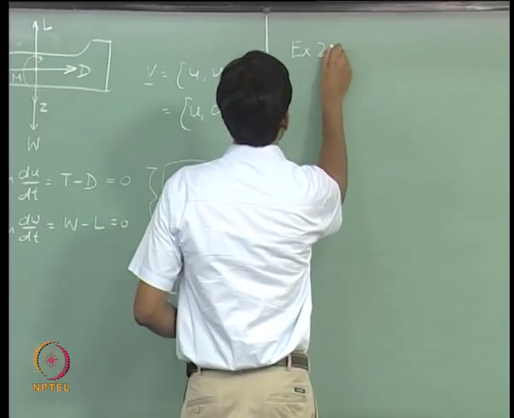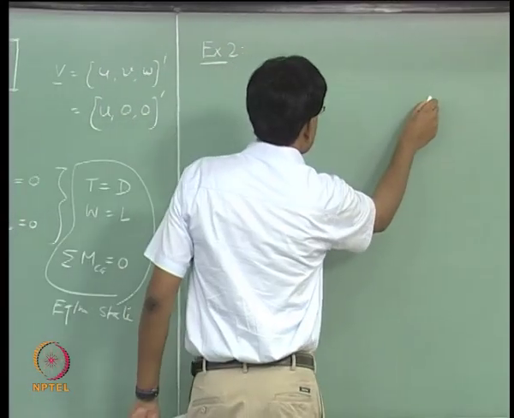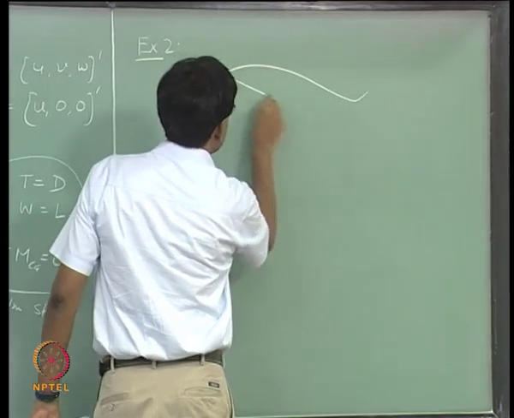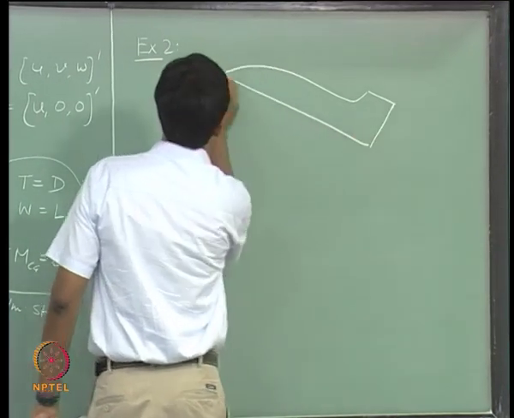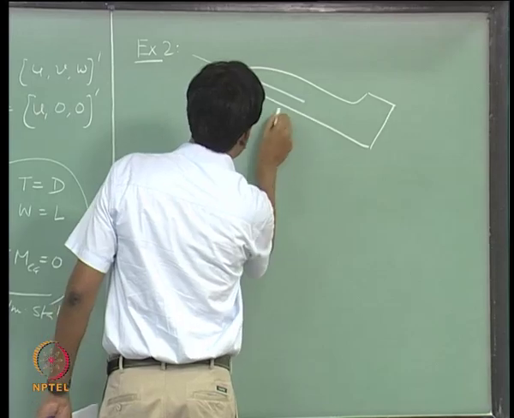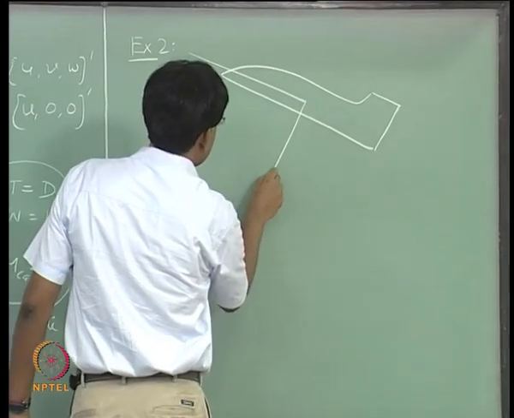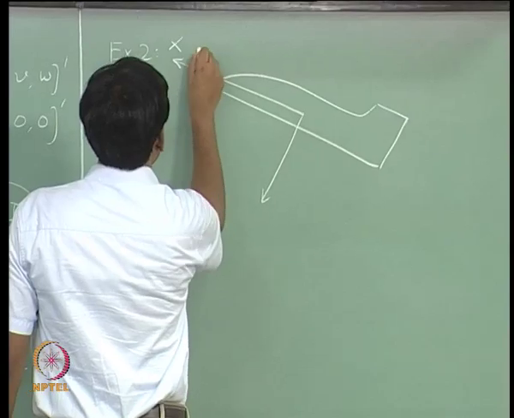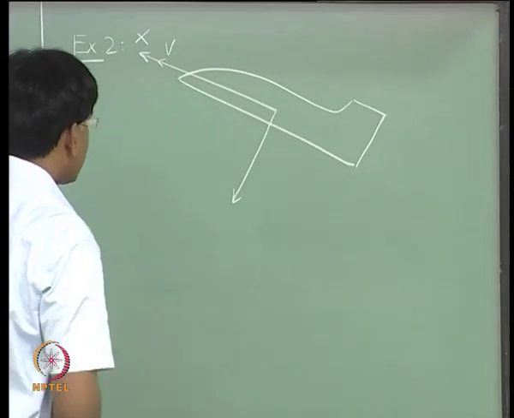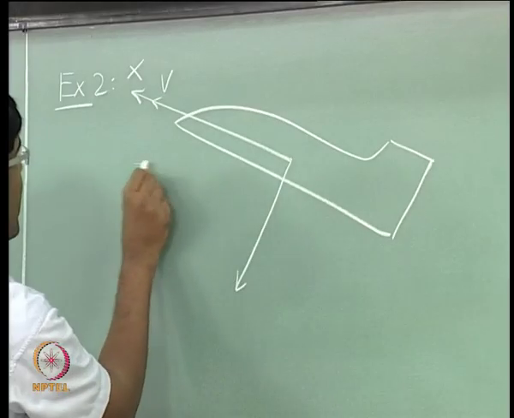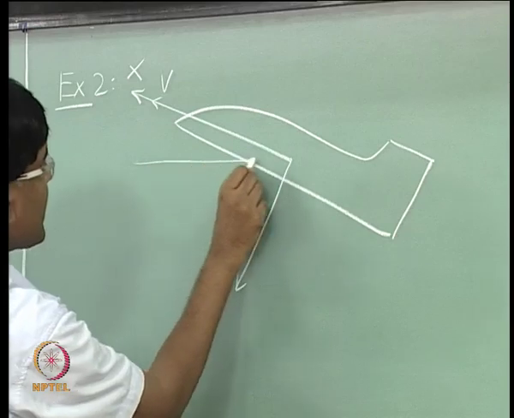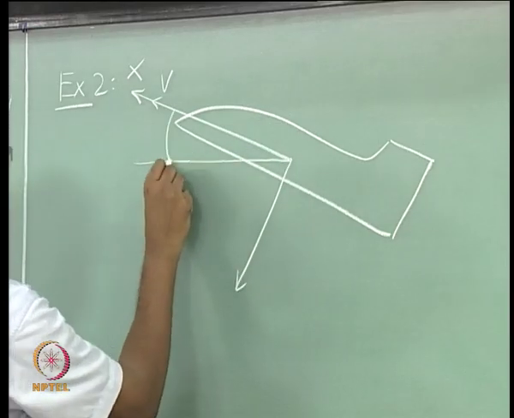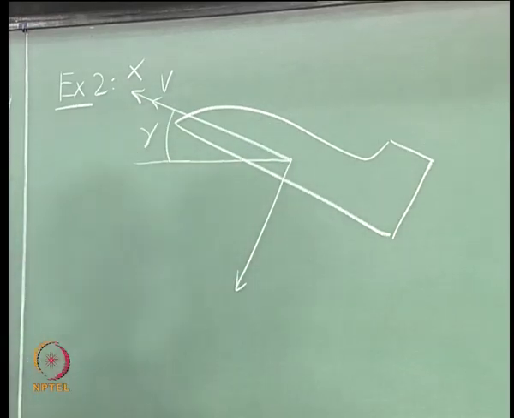Let us look at another example. This example is also from a longitudinal flying condition, and here the aircraft is climbing. Gamma is the flight path angle.